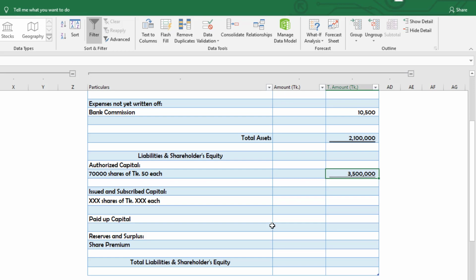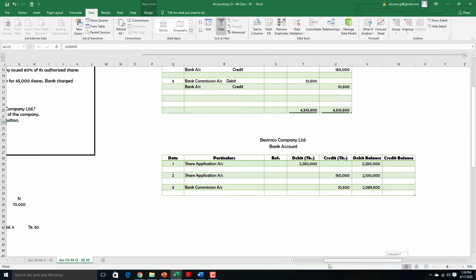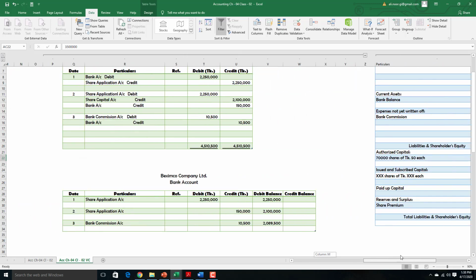Okay, let's move to issued and subscribed capital. Next we have to fill this. Let's check how many shares the company issued. The company issued 60% of 70,000 shares, so 70,000 times 60% equals 42,000. So the company issued 42,000 shares.